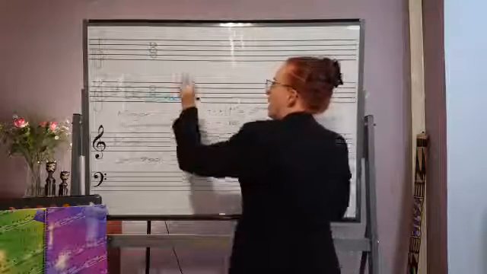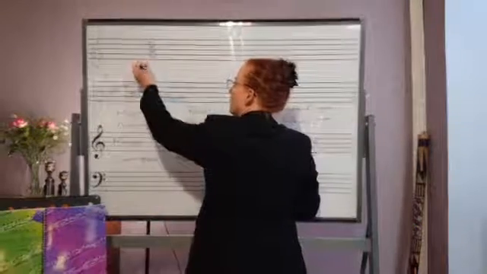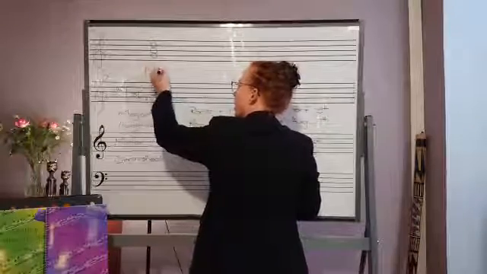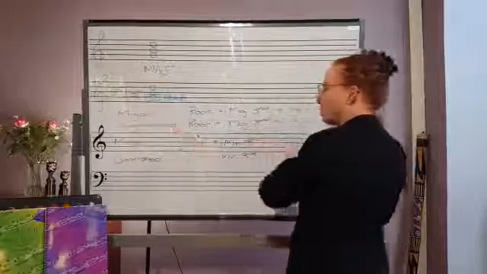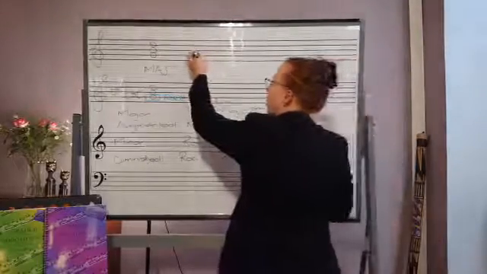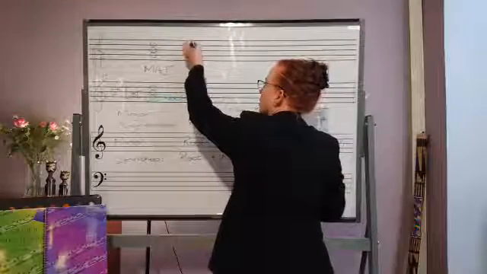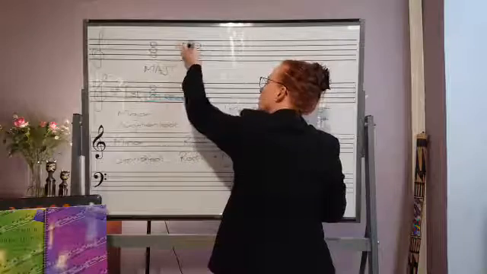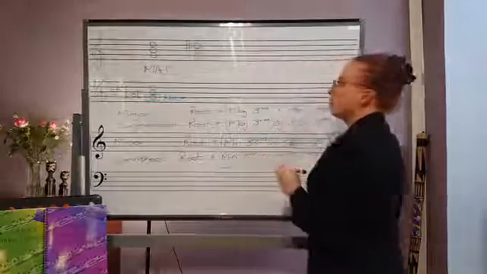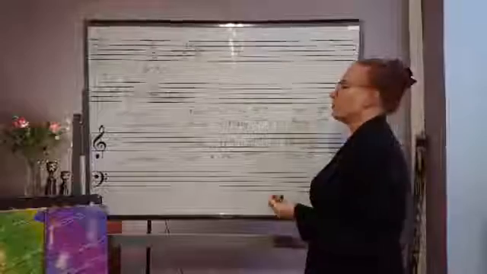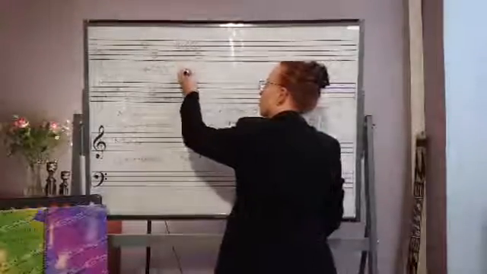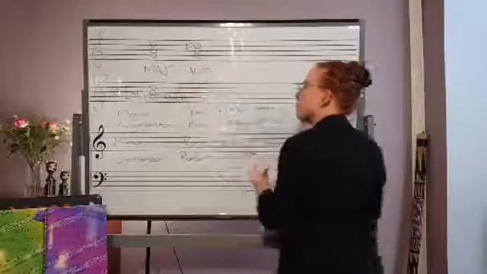Okay. Now if I change this triad into an augmented triad, according to my formula here, all I need to do is just make the fifth an augmented fifth. Okay, so now I've got an augmented triad.